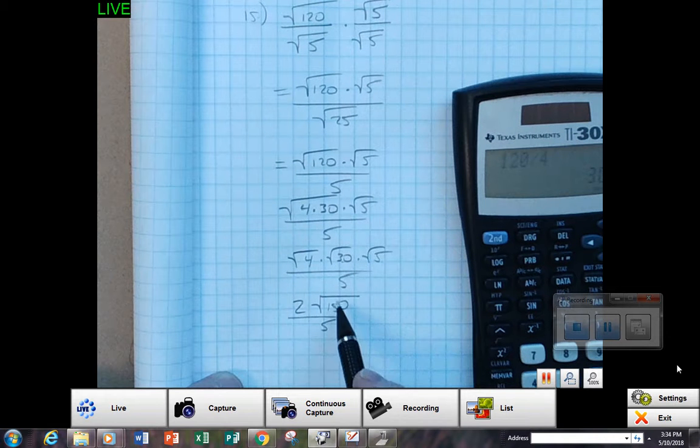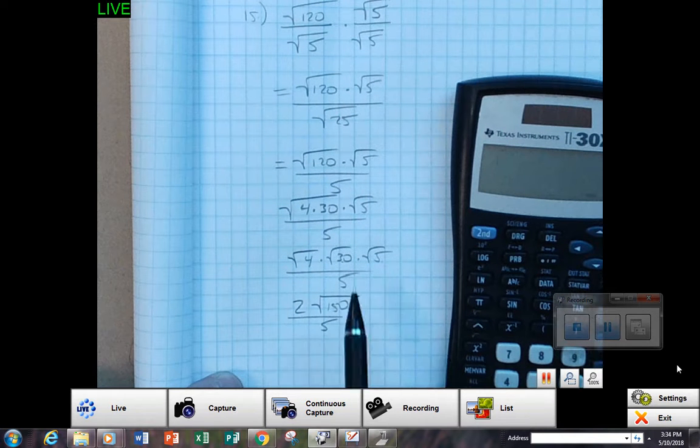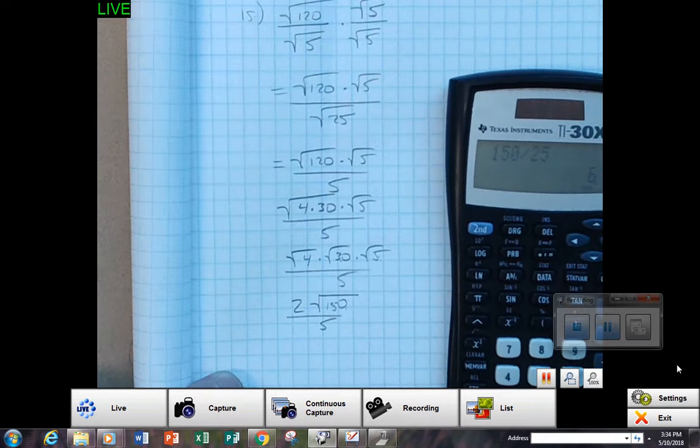But now 150 has a perfect root in there too. So 150 divided by 25 is 6. So that ends up being 2 times root 25 times 6.